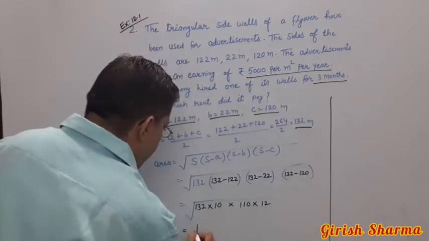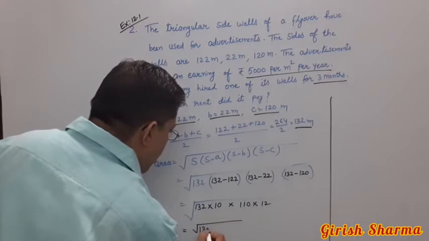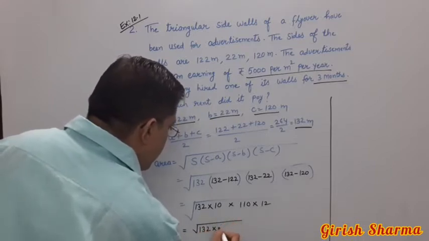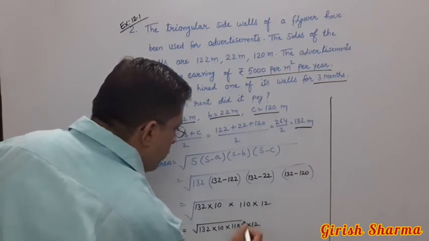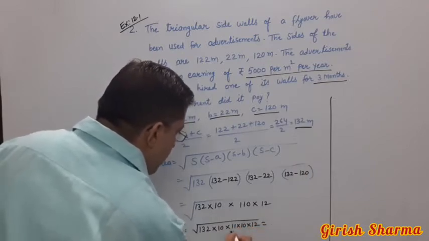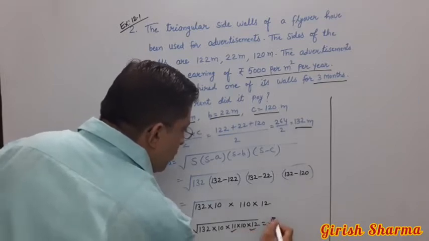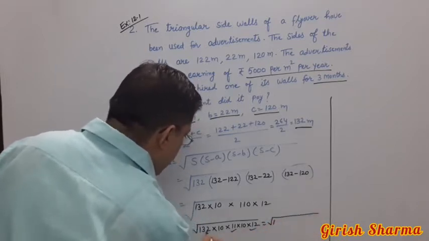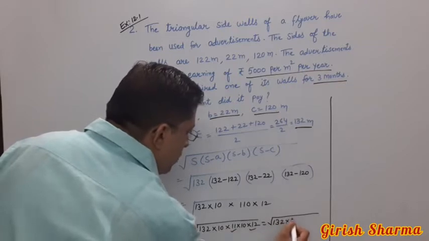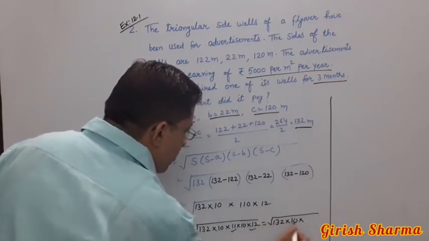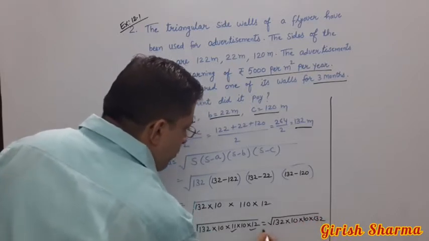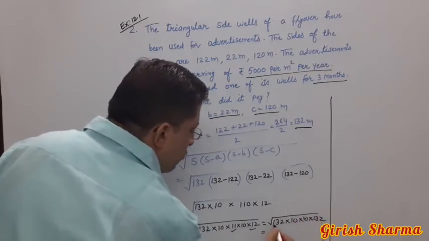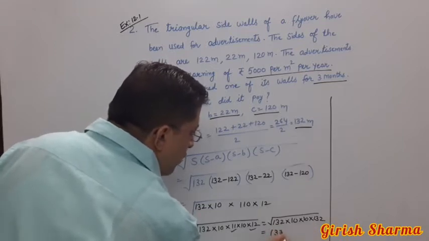Now you see, 132 as it is. This is 10. I can write 11 into 10 into 12. Now 11 into 12 is 132. This is 132 I am writing here, 10 into 10 here. If I take out this 132 two times, then after removing the square root, 2 times 10 is 1 time.